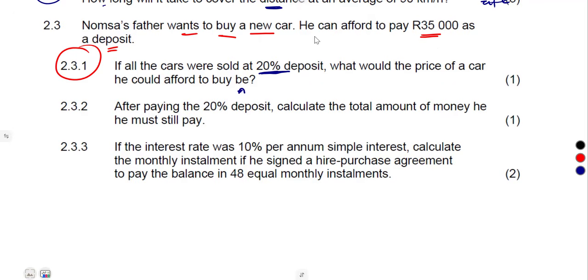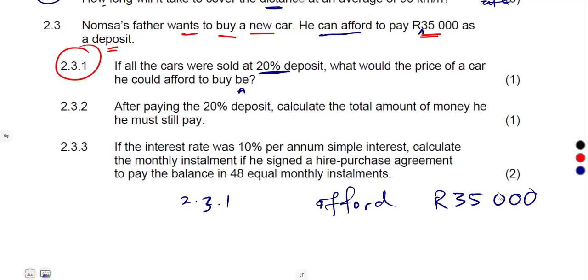Remember, he can afford to pay 35,000. This is what he can afford to pay. And on the cars that are there, they are being taken at a 20% deposit each.